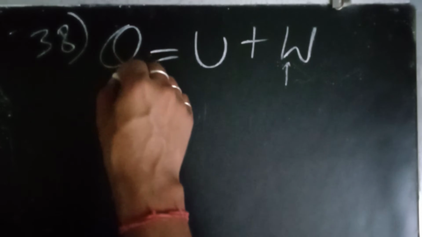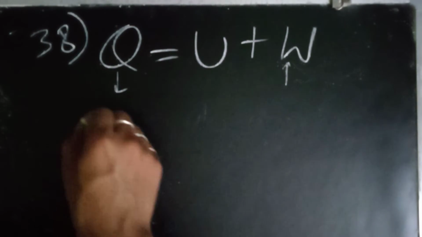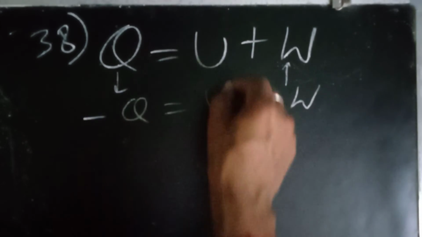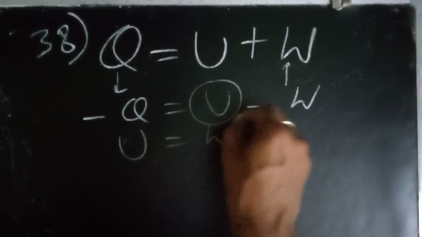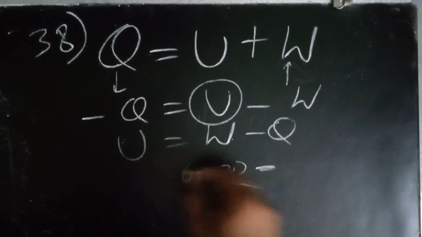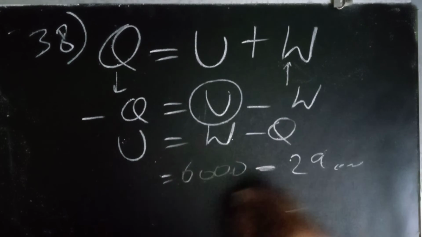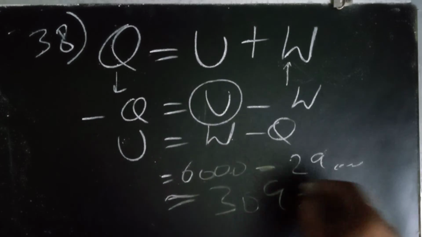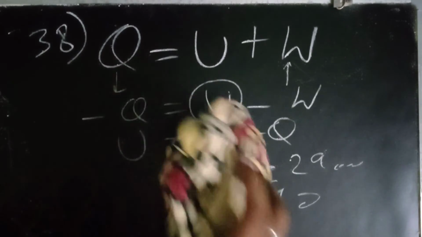We input work and we got out Q. So we know that it is minus Q, U minus W. So we need to find out U. So U will be W minus Q. It was around 6,000, I don't know, 6,000 something, and minus 29,000 something. So it was around 3,000 something like this, 3090 or something. But the main thing is the concept that you get, that Q is out, so it is minus, and W is in, so it is minus.